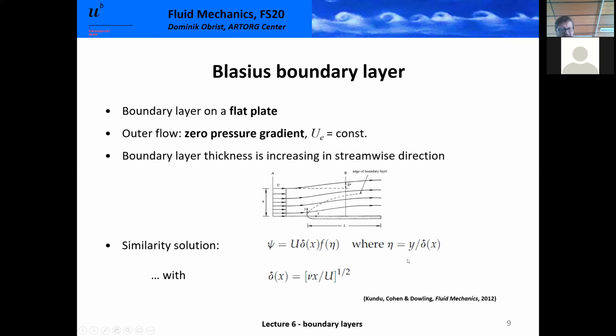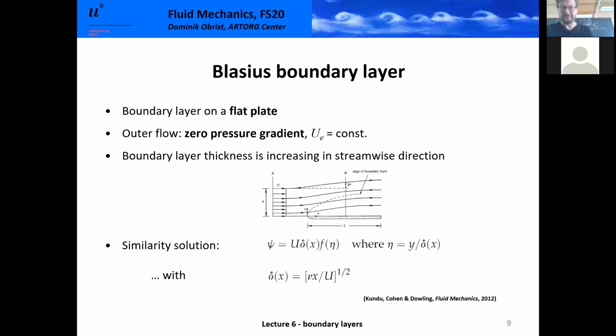And he normalized this coordinate eta, or he wrote it as y divided by the thickness. Okay, so he had a y coordinate which scales with the increasing boundary layer thickness.